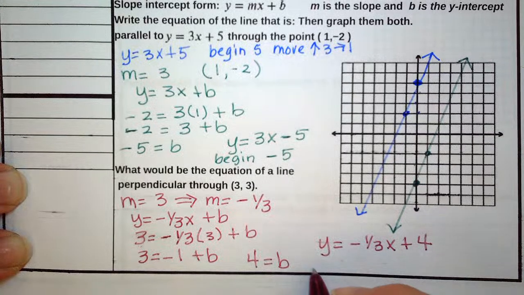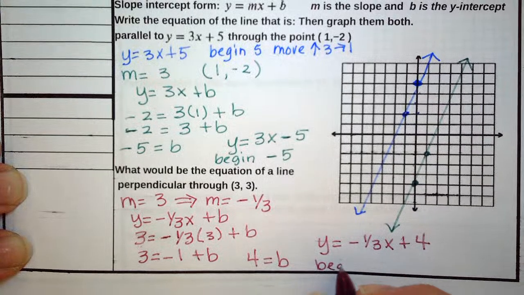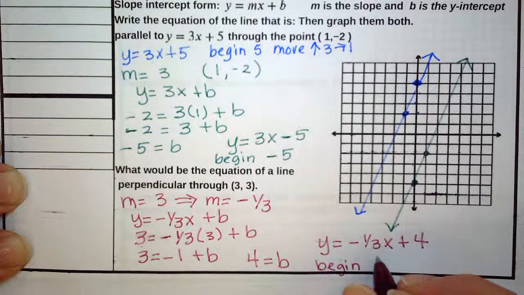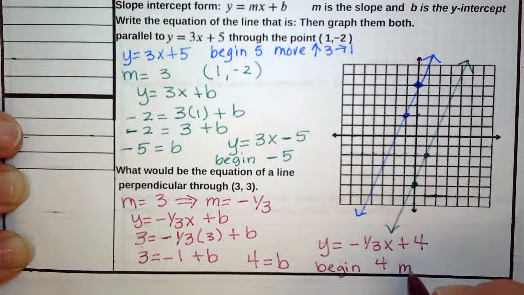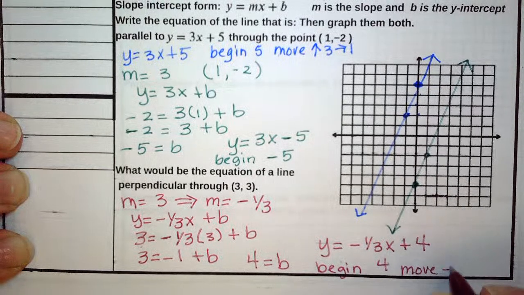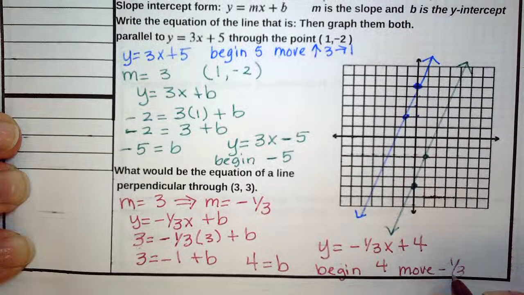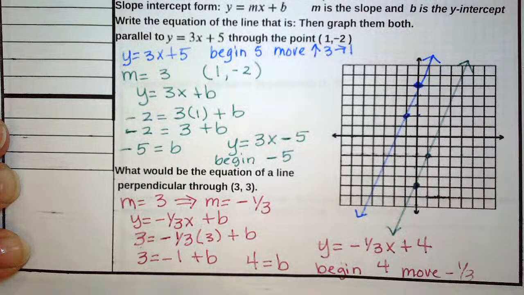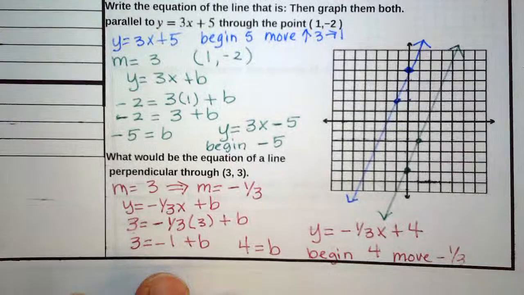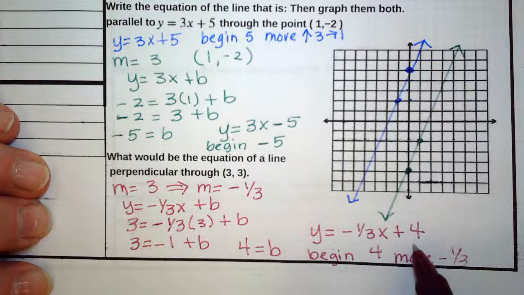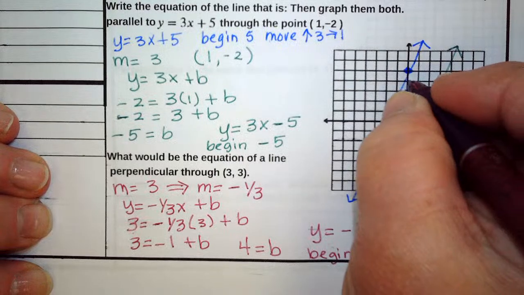So where do I begin? I begin at the end with 4. How do I move? Negative 1/3, which will be down 1 and right 3. So let's start with 4. Here's 4.